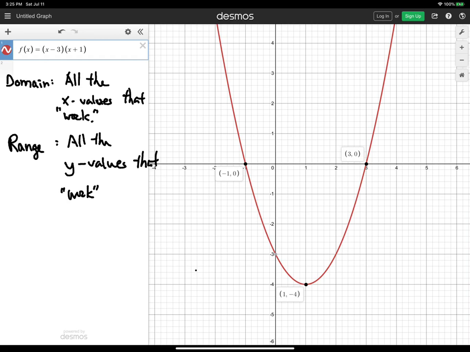Sorry, I couldn't really think of a mathematical way, right? So I figured work should do the job. Okay, so let's look at the domain first.